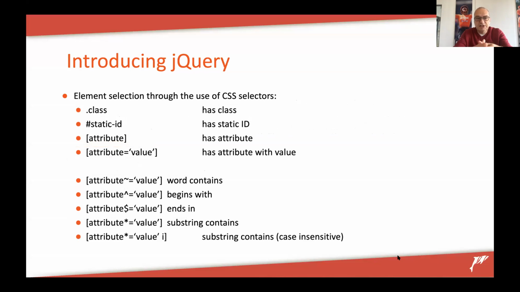And then, if you know some CSS, then you know that you can select with a period and then the class name so that it has a class, or a hashtag and then the static ID, or you can select with an attribute, or an attribute that has a specific value, or where the attribute contains a certain value, or where it begins with a certain value, etc. Most of the time I will use either the attribute has attribute or the attribute that has a specific value.